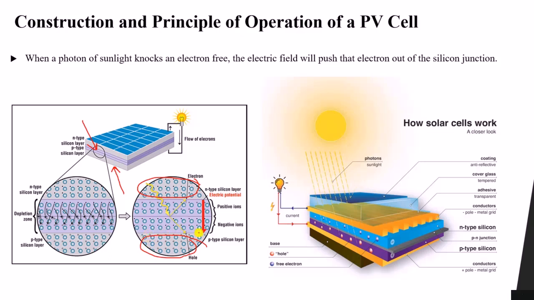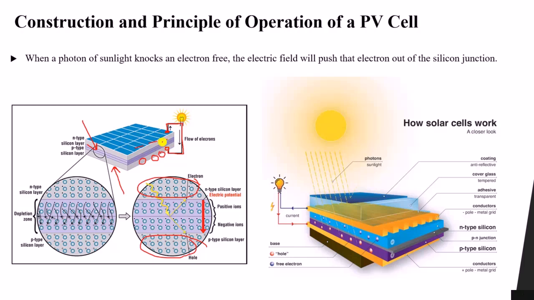So what if we connect the n-type with a load such as a bulb and then connect it to the other layer? What will happen, do you think? Here we have a large number of holes, and here we have a large number of negative electrons.